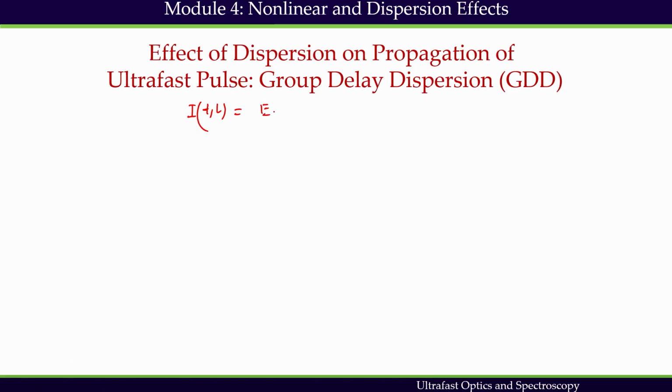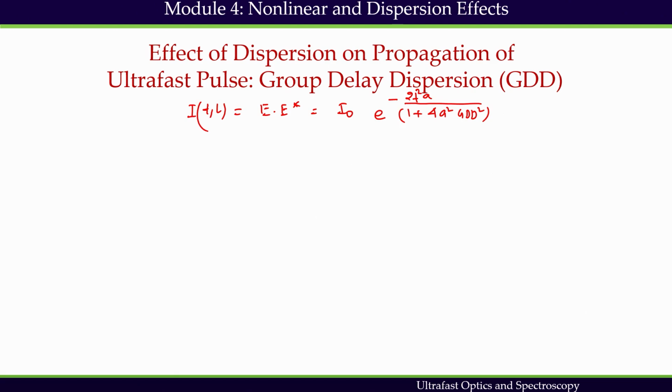So finally it is nothing but I naught e to the power minus 2 t square a divided by 1 plus 4 a square GDD square. This is the expression we get finally.